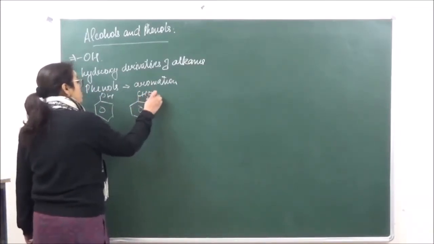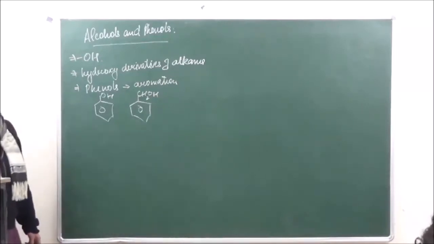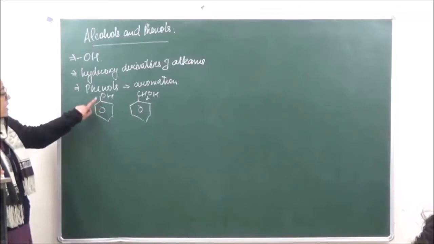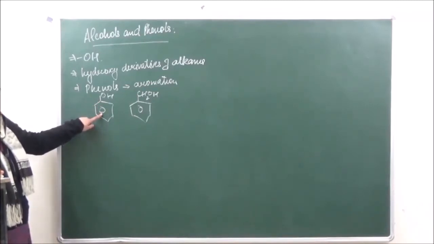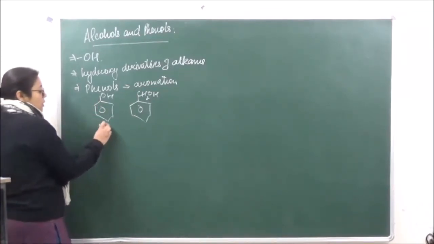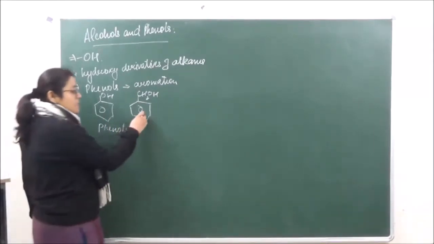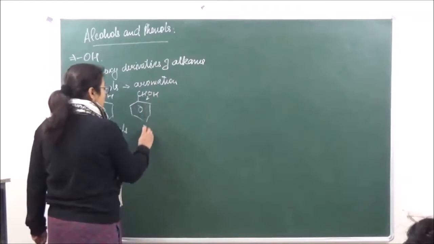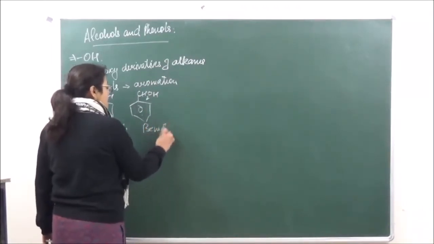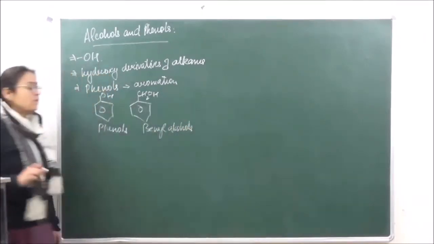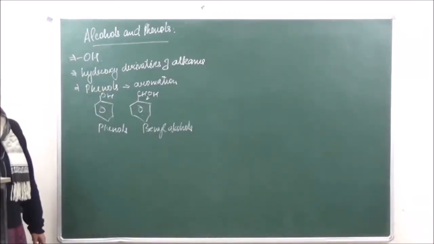So there are two types of aromatic compounds which we are going to study here, but specifically if the hydroxy is directly attached to the benzene ring, this is known as phenol. Okay, whereas if it is attached to the side chain, rather than being termed phenols, they are termed alcohols. So this is benzyl alcohol over here.